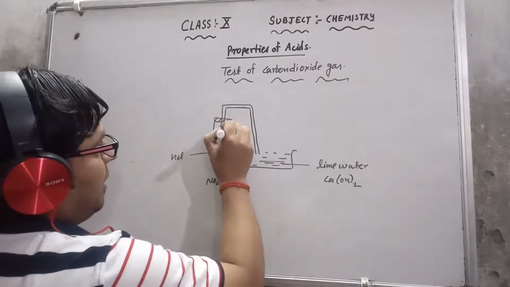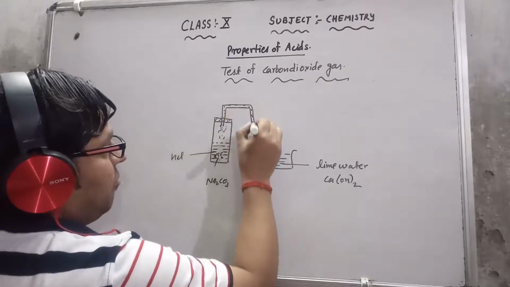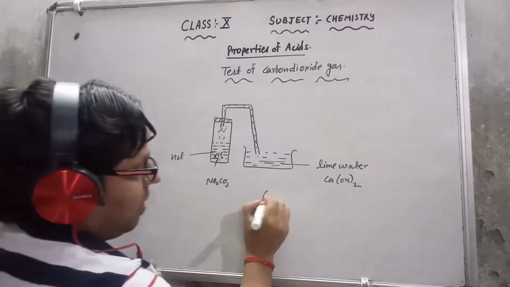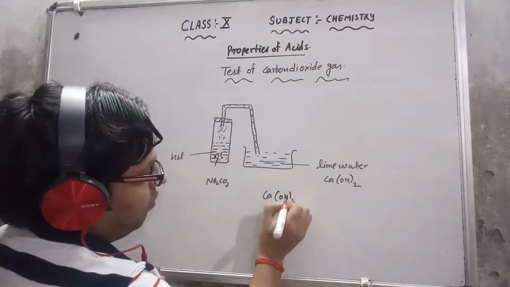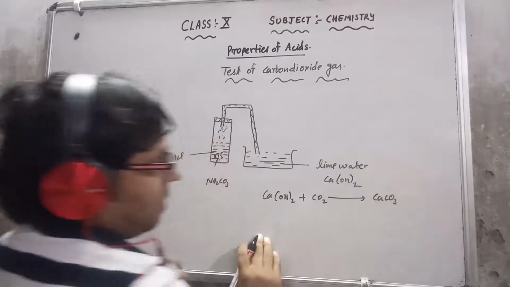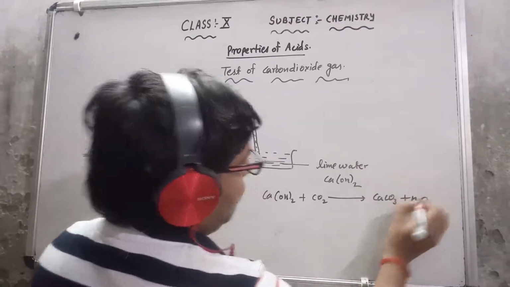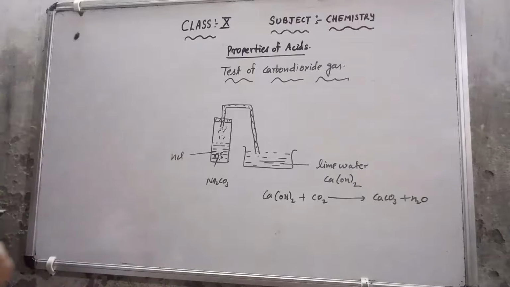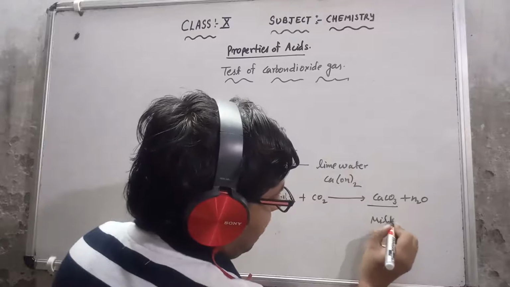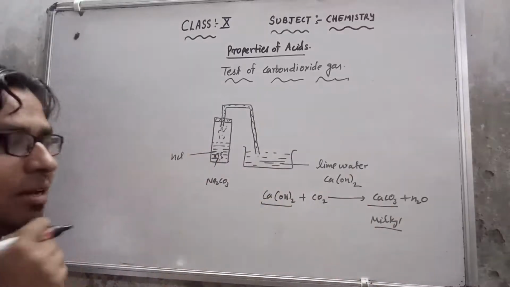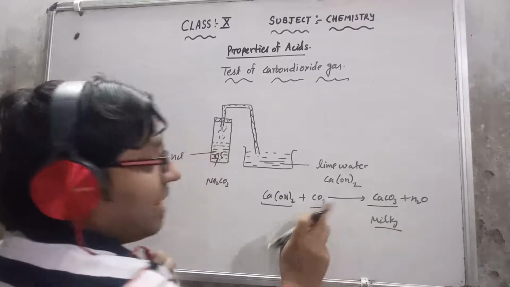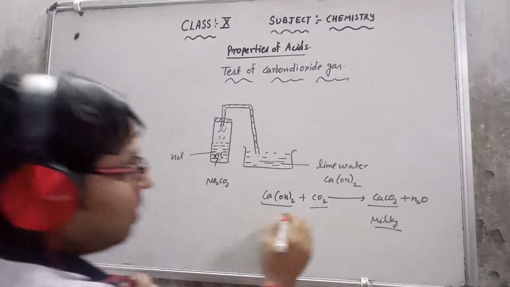As the carbon dioxide gas enters this container, the carbon dioxide reacts with lime water and gives us calcium carbonate with water. So the lime water turns milky, because calcium carbonate is milky in color, if I pass the carbon dioxide gas in limited amount. Keep in your mind, in limited amount.